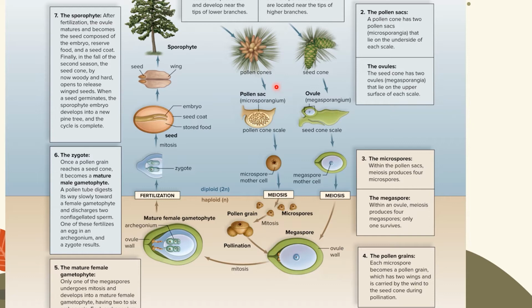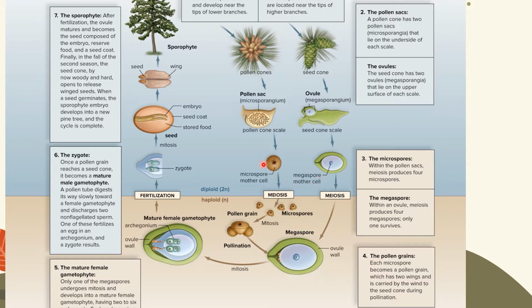If we zoom in on the pollen cones, we can see that the pollen cone contains pollen sacs or microsporangia. Inside the pollen sac, there are microspore mother cells. We should note that this part of the diagram that we are looking at now is the sporophyte generation, which is diploid.